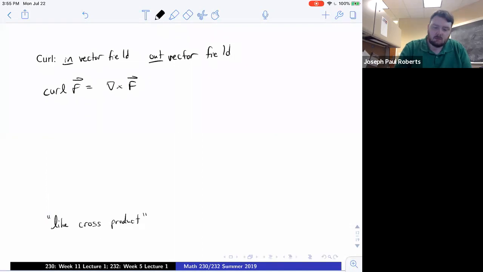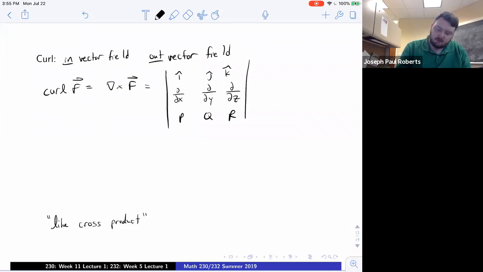So we're going to put i, j, k, the x partial operator, y partial operator, z partial operator, P, Q, R. And then you get this really scary looking thing: R_y minus Q_z, P_z minus R_x, and then Q_x minus P_y.